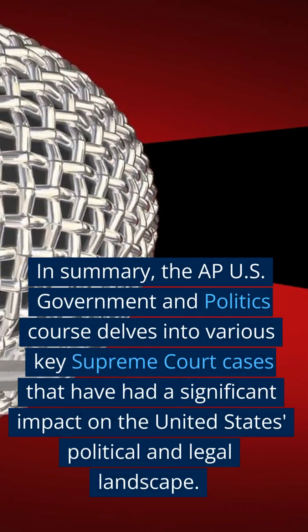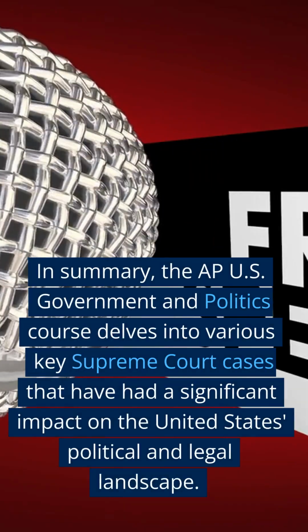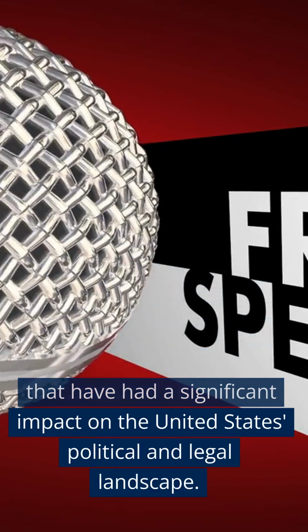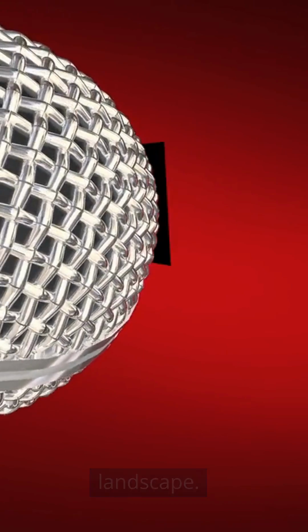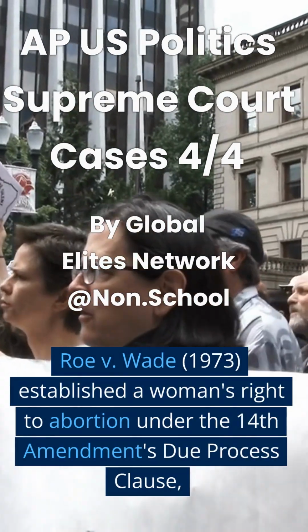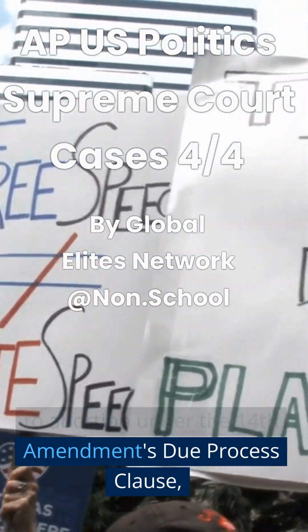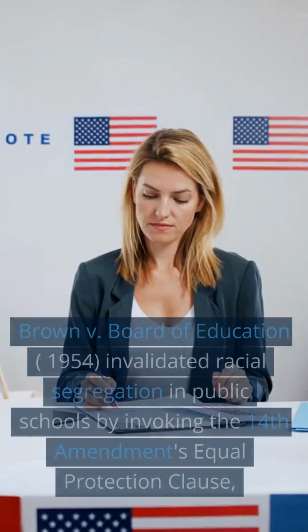In summary, the AP U.S. Government and Politics course delves into various key Supreme Court cases that have had a significant impact on the United States political and legal landscape. Roe v. Wade, 1973, established a woman's right to abortion under the 14th Amendment's Due Process Clause. Brown v.